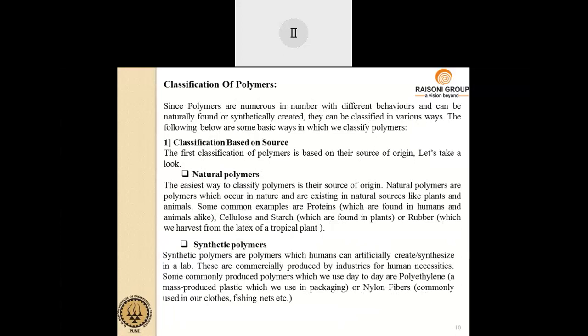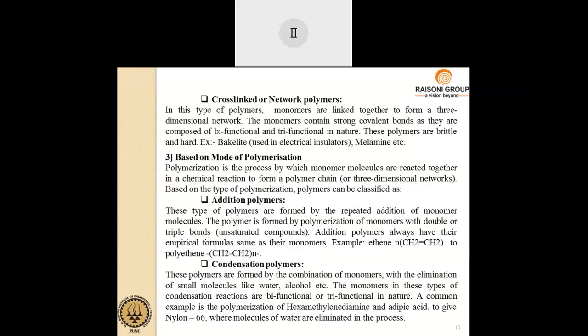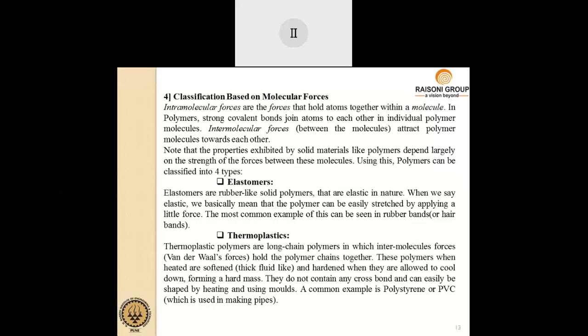So again I am repeating the different ways we can classify polymers. First, classification based on sources; second, classification based on structure of polymers; third, classification based on mode of polymerization, meaning how we are making those polymers; and fourth, classification based on molecular forces.